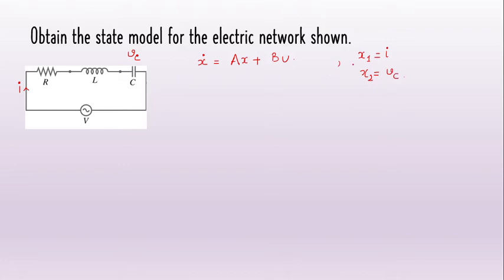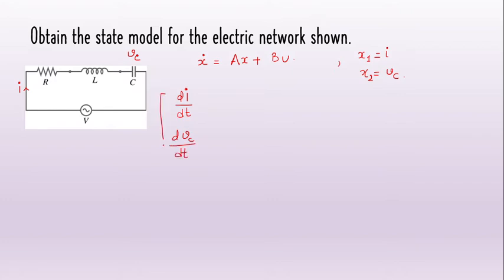Okay. So what type of equation it will be? As there will be two variables, I have to write the x dot. That means my state equation will be in the form di by dt, this will be the first one, and the second one will be dVC by dt.